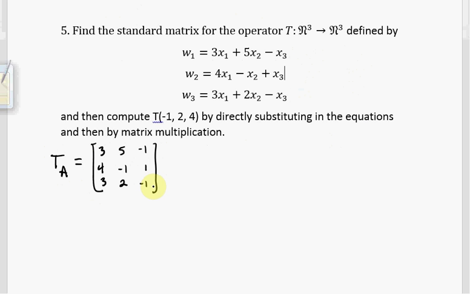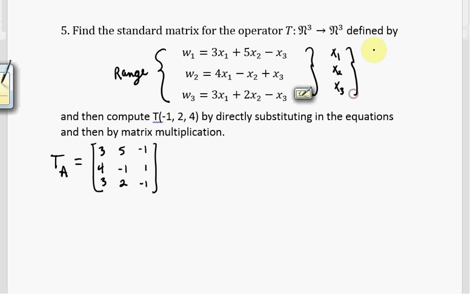Now you understand that the way this system is written, T is being mapped from one space back into the same space. These values w are said to be in the range, and the values x sub 1, x sub 2, x sub 3 are said to be in our domain.